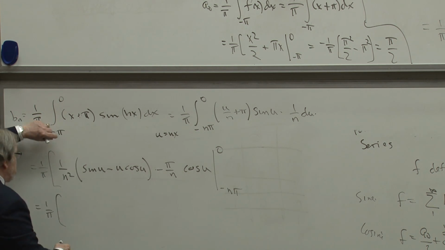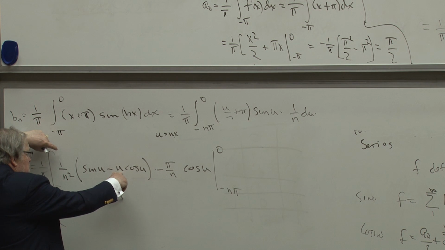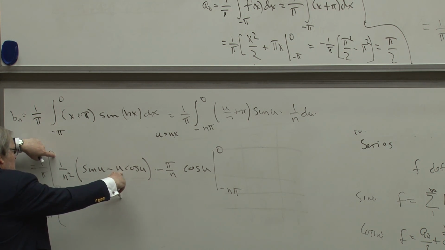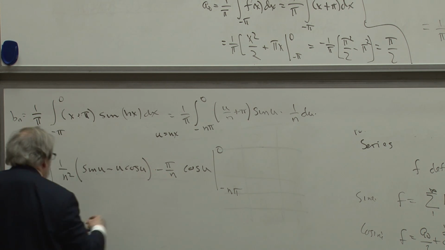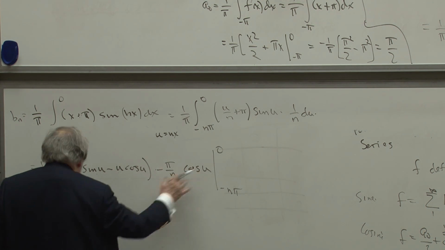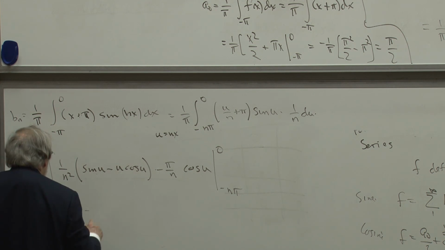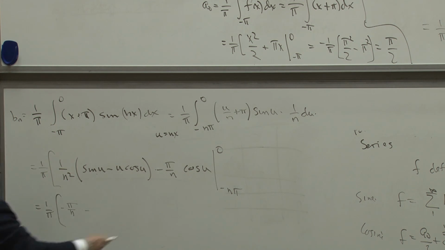At u equals 0, the sine is 0. U times cosine u gives me a 0. At the upper limit, I have a negative pi over n, cosine of 0 is 1. At the lower limit, at negative n pi, the sine is 0.